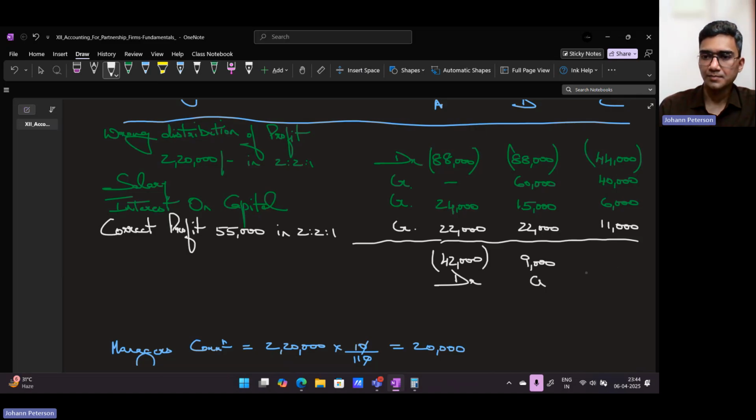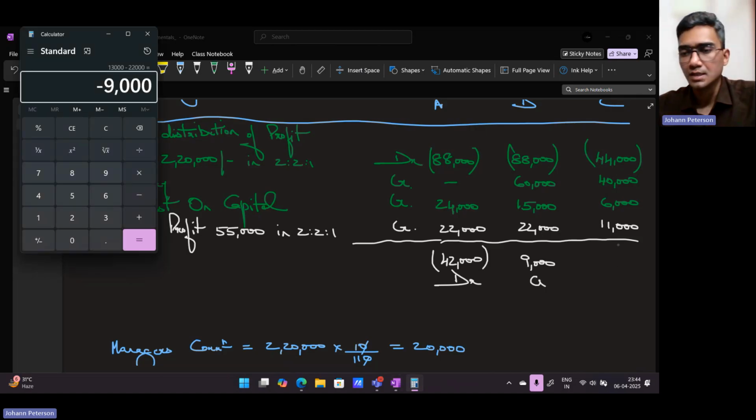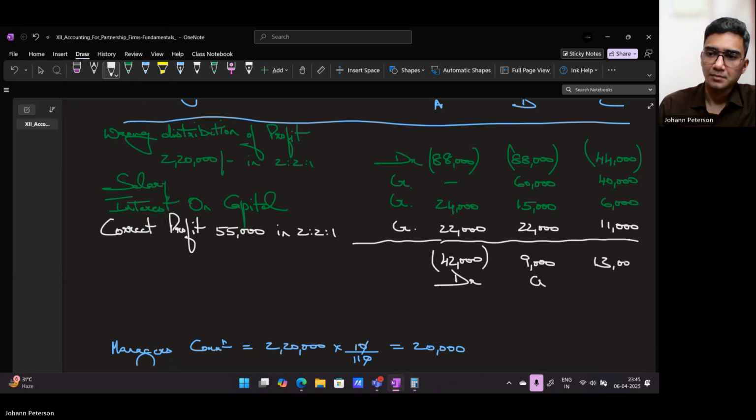So this will be credit, and my last figure will be 44 minus 46 minus 11, which is a plus 13. This will be a plus, so credit.